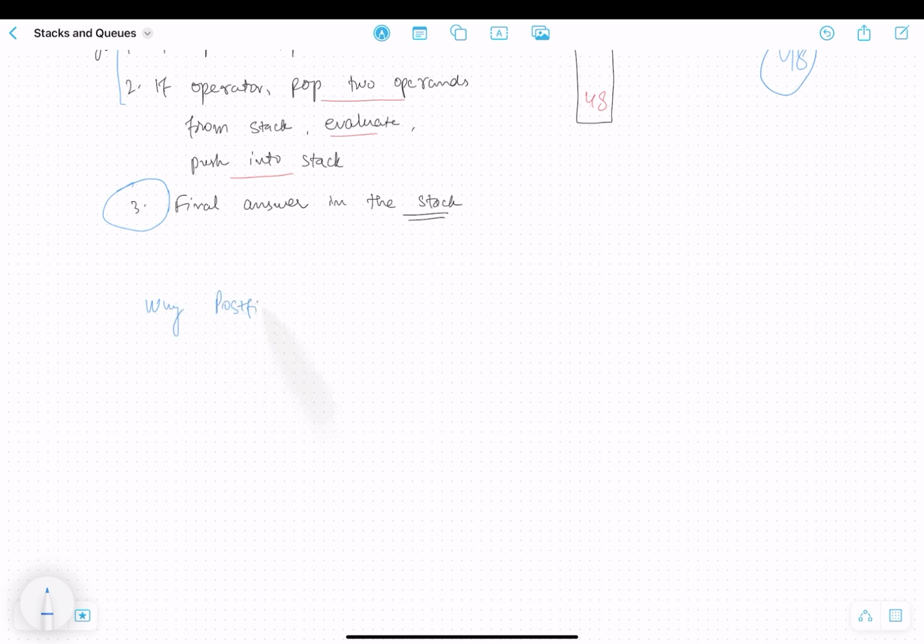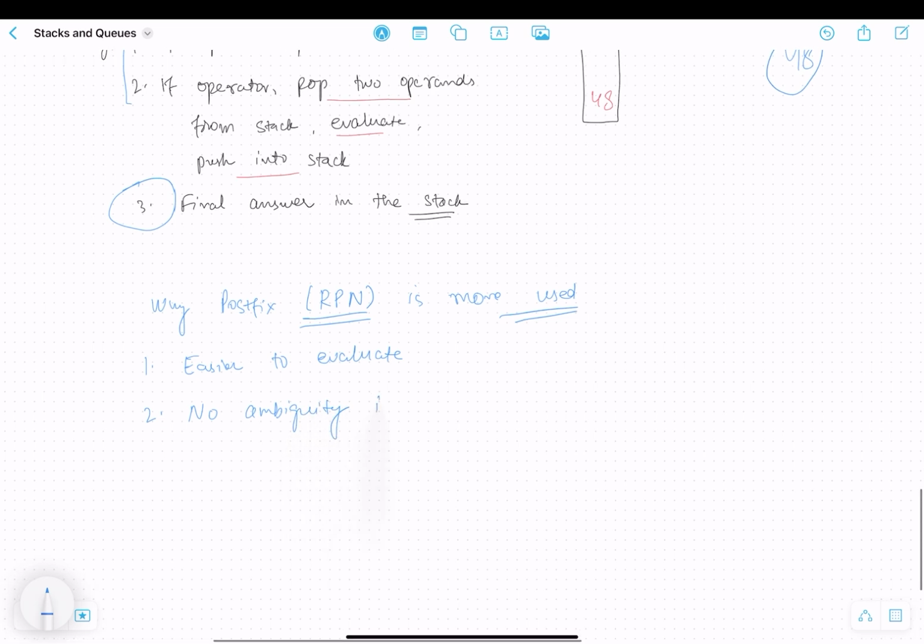So before ending this video, why is postfix or reverse polish notation, RPN, more used in computer science? First point, easier to evaluate, right? No ambiguity in operator precedence, right?